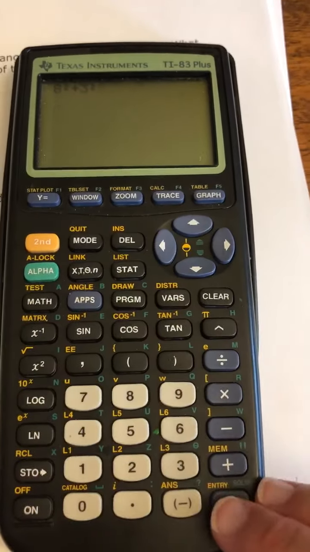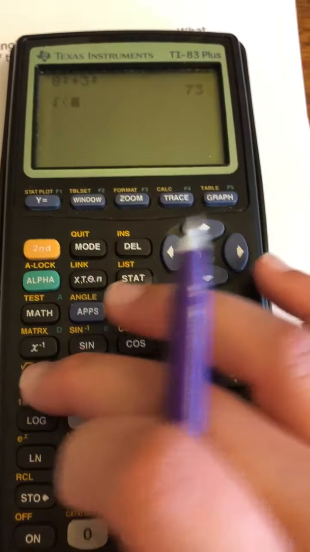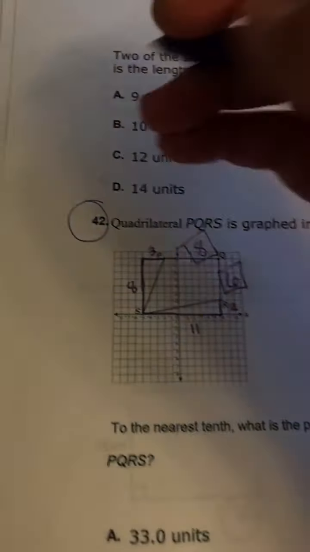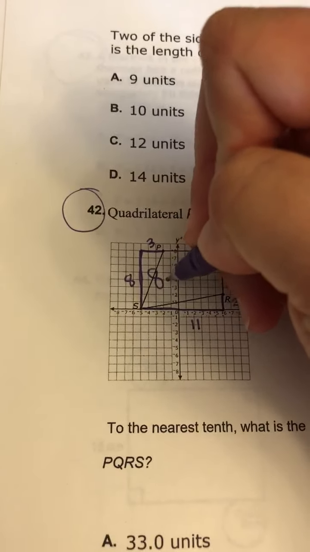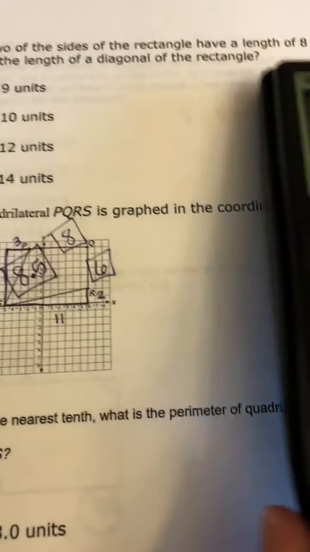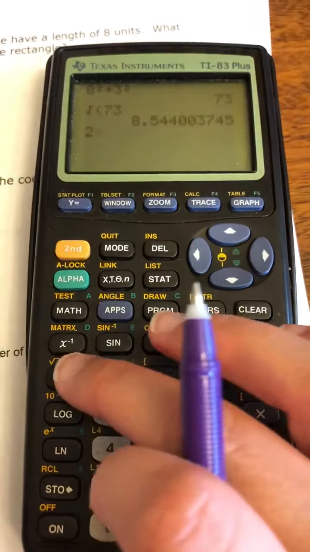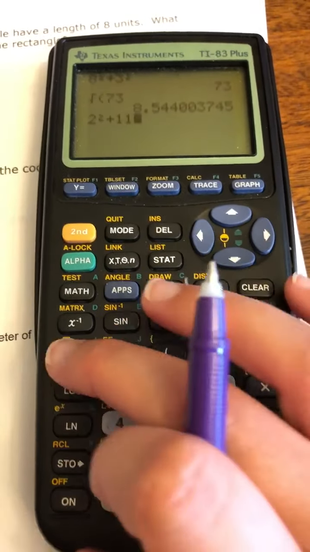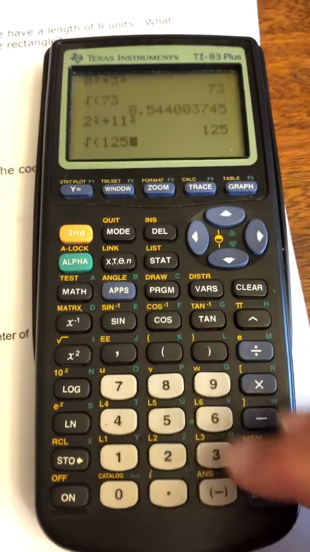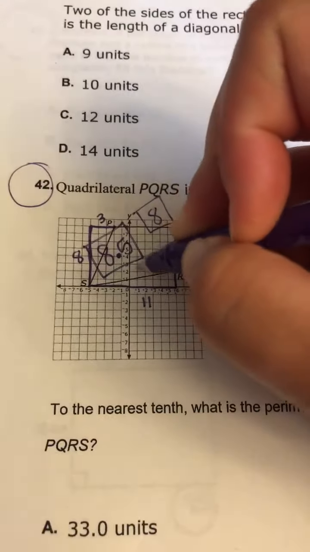So 8 squared plus 3 squared is 73. The square root of 73 is 8.5. So this right here is 8.5. And then I've got 2 squared plus 11 squared, and that's going to give me 125. The square root of 125 is about 11.2.